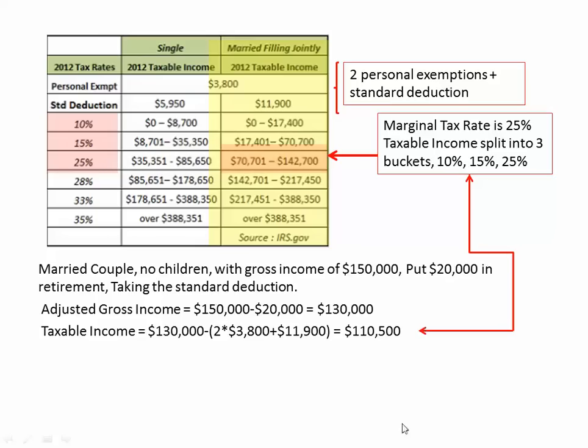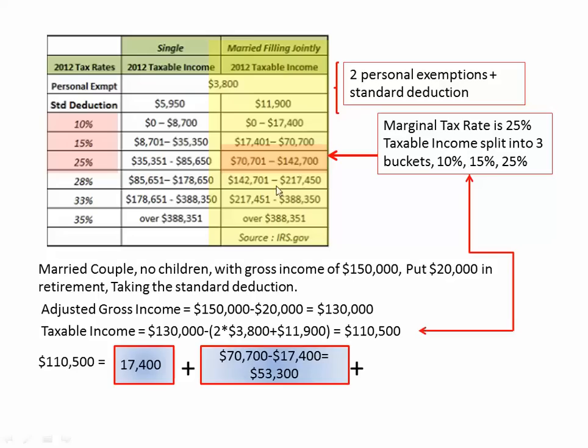So we take this 110,500 and split it up into the different buckets. The first bucket is 17,400, because that's taxed at 10% based on the table. The second bucket is the difference between 70,700 and 17,400. You find that difference, and that 53,300 is the amount charged at a 15% rate.